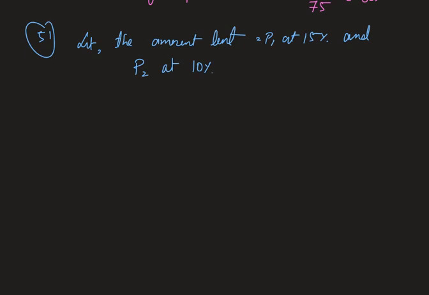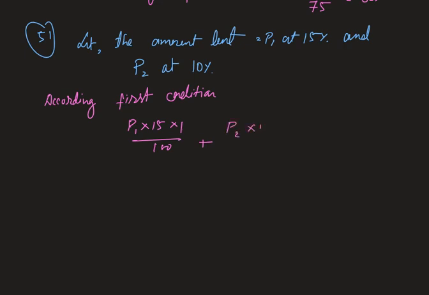According to the first condition, we can say that P1 multiplied by 15 into 1 divided by 100 plus P2 into 10 multiplied by 1 divided by 100 is equal to 1900. Therefore, we get 15P1 plus 10P2 is equal to 1900 multiplied by 100.